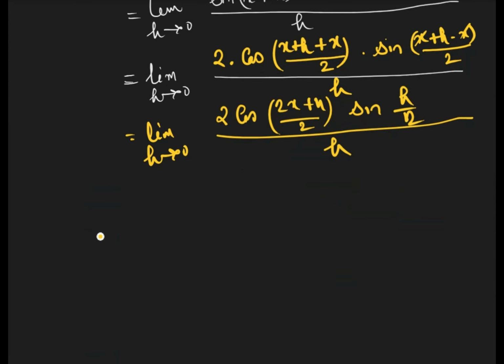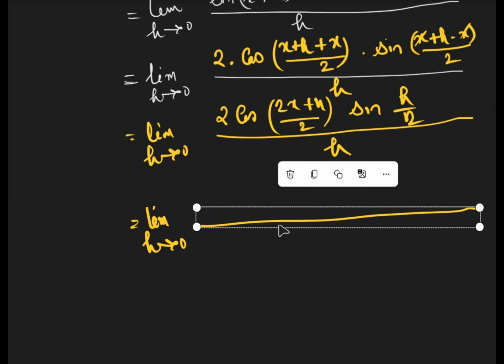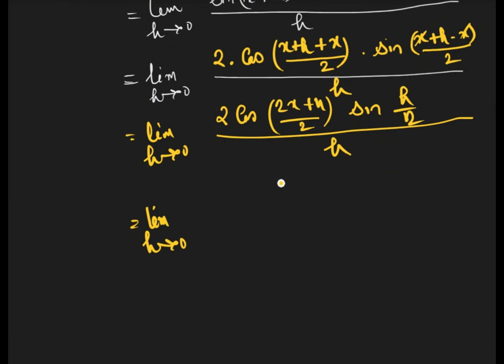Now limit h tends to 0, so here we could write down sine of h by 2 over this h here, and this 2 we could write down here.